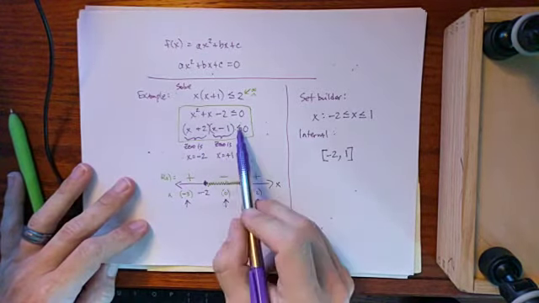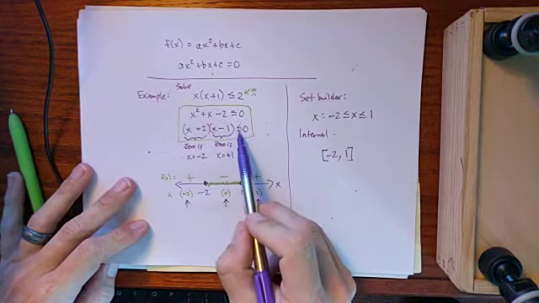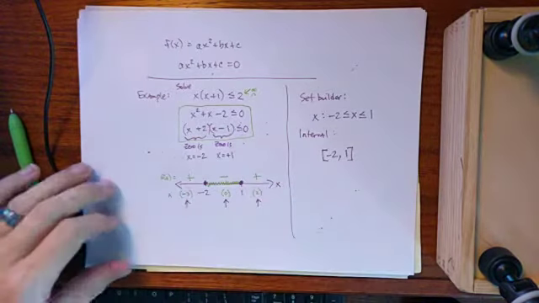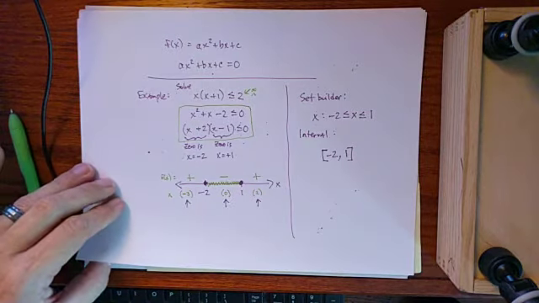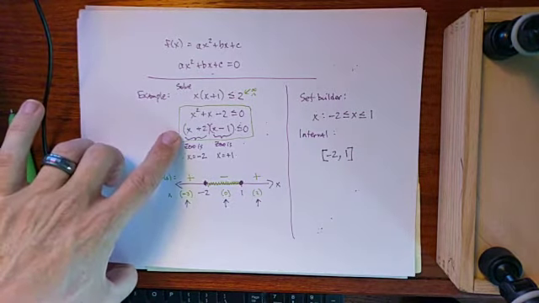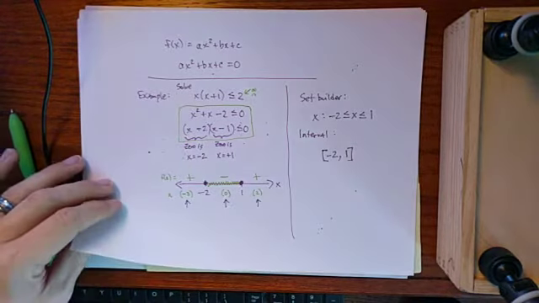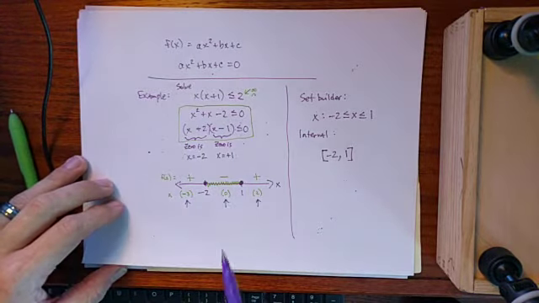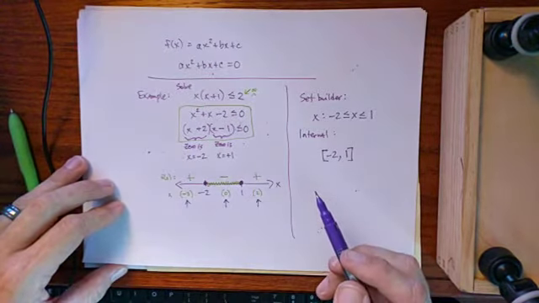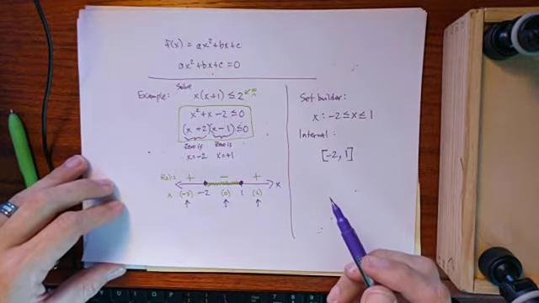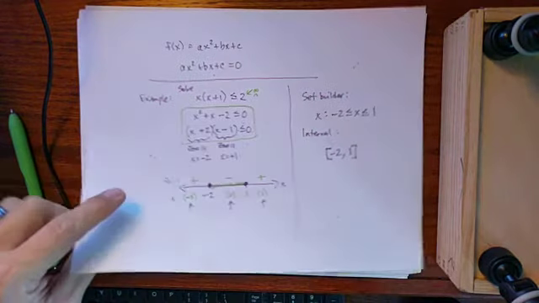The pluses would make it positive. So if this said greater than 0, I'd want those, right? This is something you need to really practice with. Factoring is super important. Otherwise, you're going to have to deal with the quadratic formula. And if the thing is cubic, the quadratic formula isn't going to help you. And don't look up the cubic formula either, because that is a nasty mess.